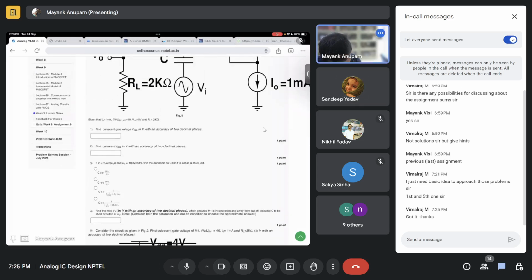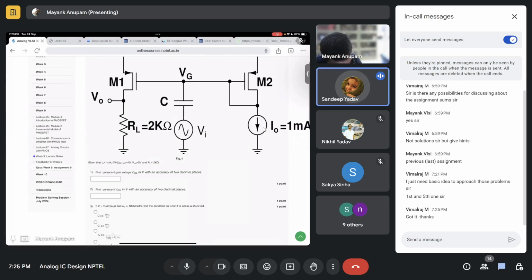The condition for the value of C so that the circuit can act as a short circuit. I think it should be a short circuit. Okay, so you understand it, right?